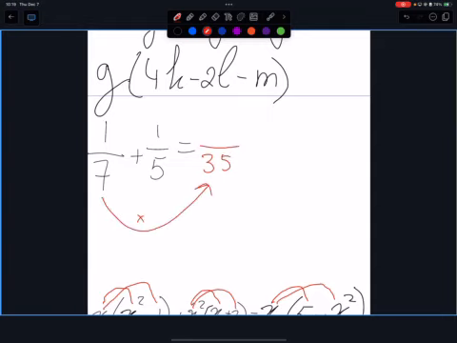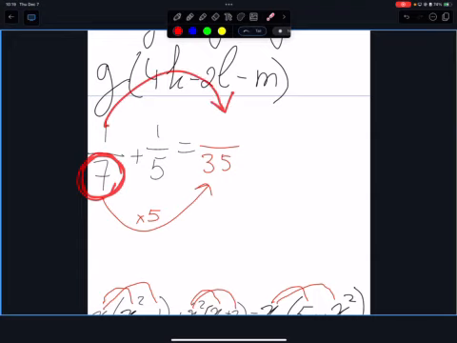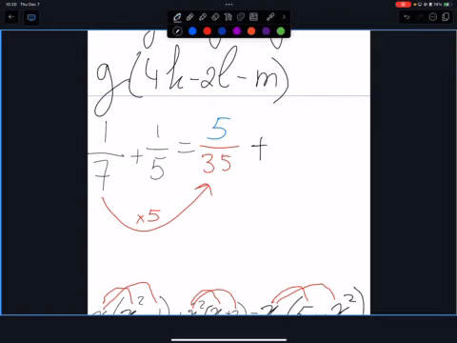7 multiplied with 5. Whatever you do to the denominator, you do to the numerator. So 1 times 5 is also 5. All right. You add. 5 times 1 is 5, and 35. Whatever you do to the denominator, you do to the numerator.